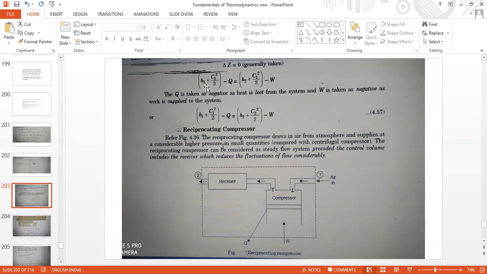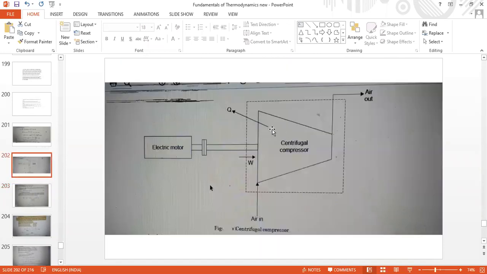What are substituted? H1, which comprises internal energy and flow energy together. So U1 plus P1 V1 is H1, and C1 square by 2 kinetic energy, plus g Z1, of course not considered because delta Z is equated to 0, plus Q equals H2 plus C2 square by 2 plus g Z2, which is of course 0, plus W. Here it is shown that the compressor is rejecting some heat.